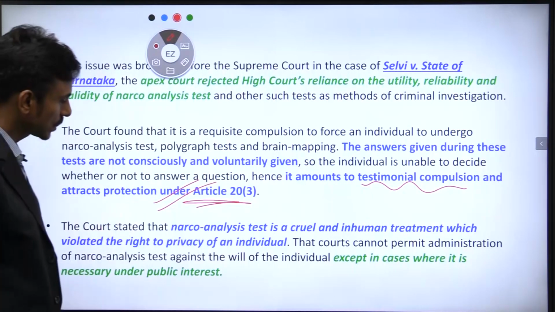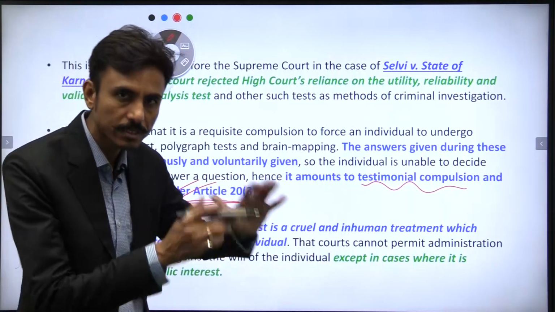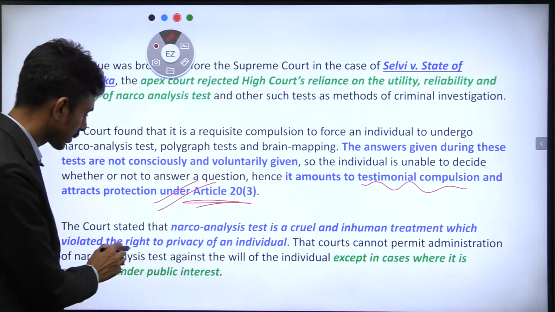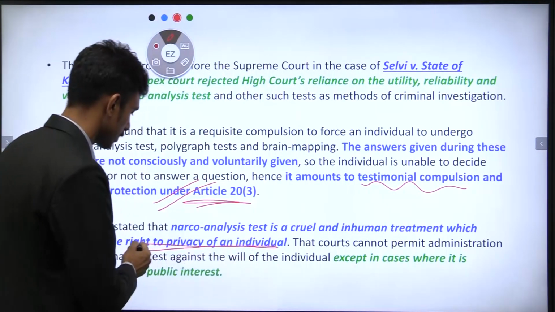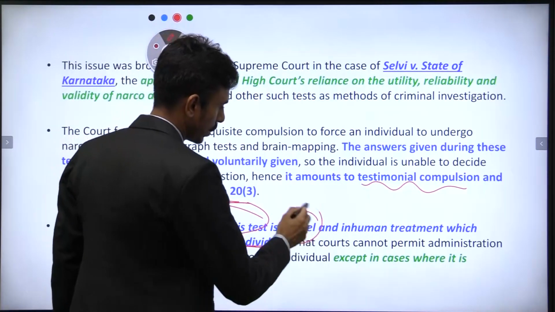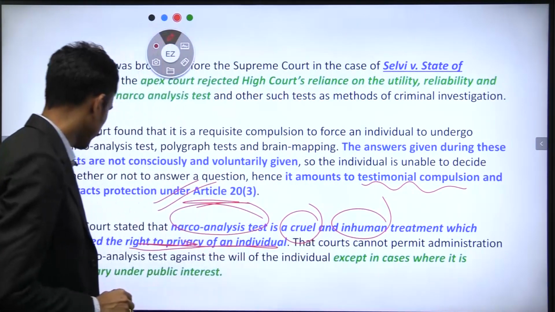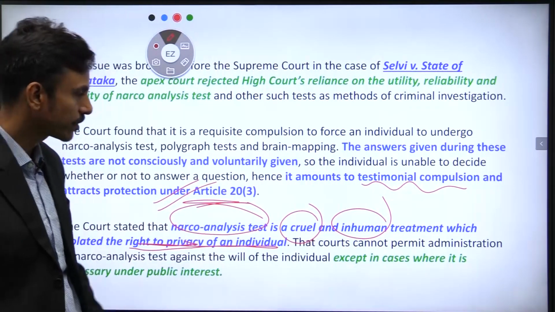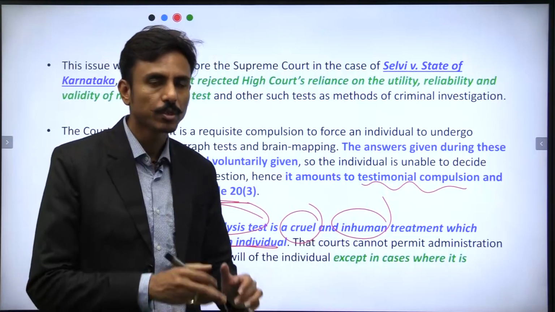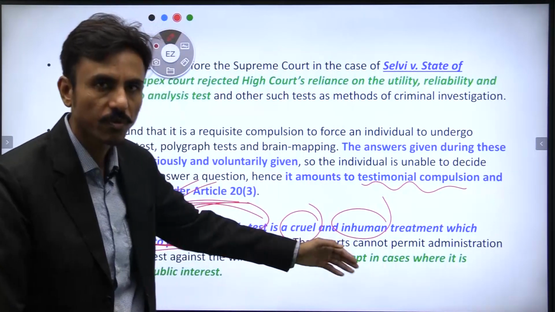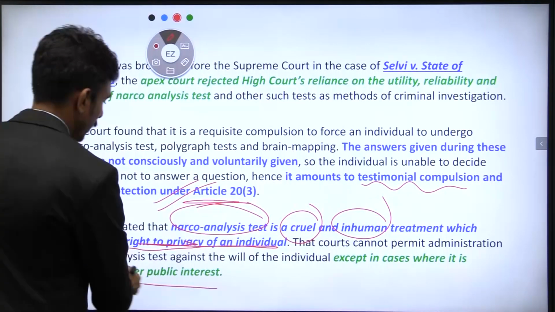So the court stated that the narco analysis test is a cruel and inhumane treatment which violated the right to privacy of an individual, right? So therefore the court did not permit the use of the narco analysis test and brain mapping except in cases where it is necessary under public interest, right?